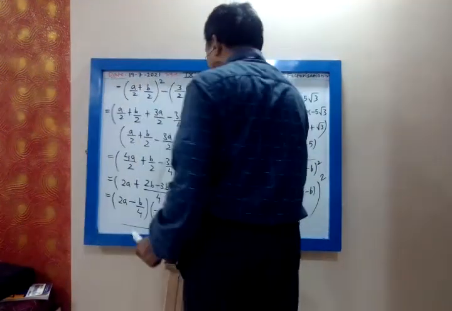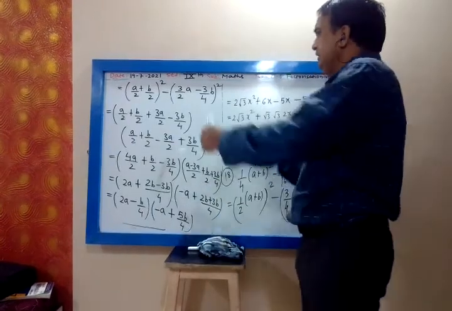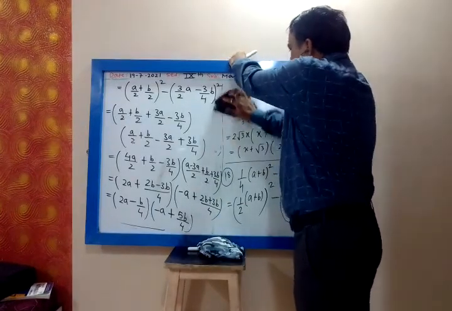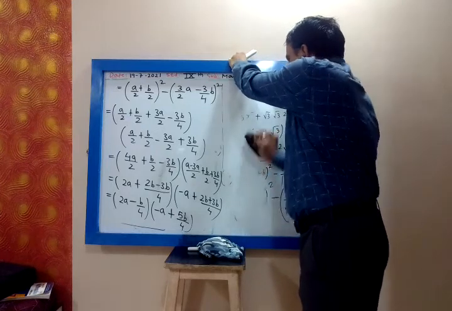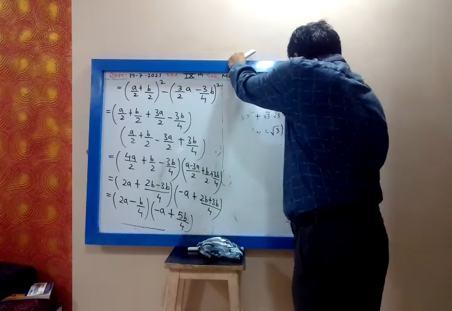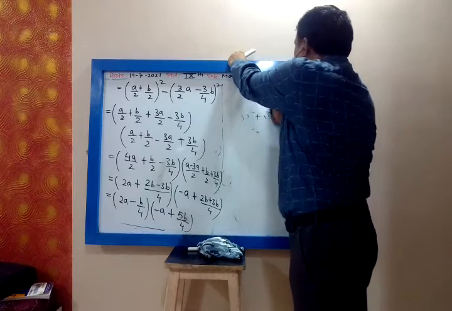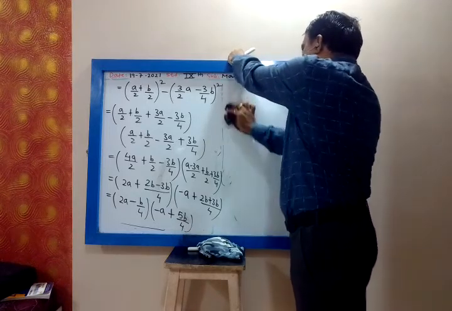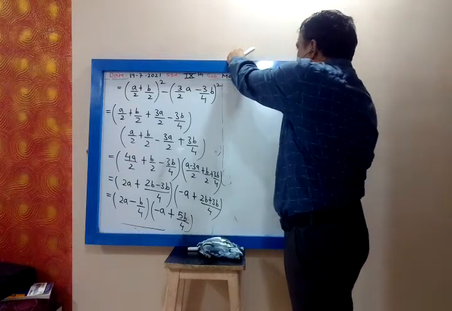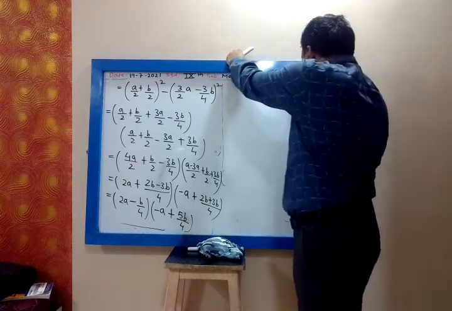Clear this part, so that I can go ahead. A minus 3a is minus 2a, minus 2a by 2 is minus a.